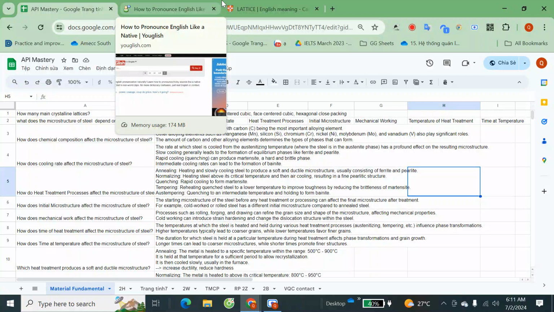Higher temperatures typically lead to coarser grains, while lower temperatures favor finer grains.